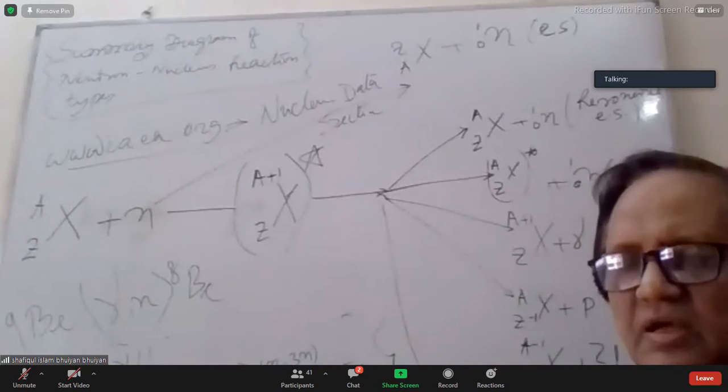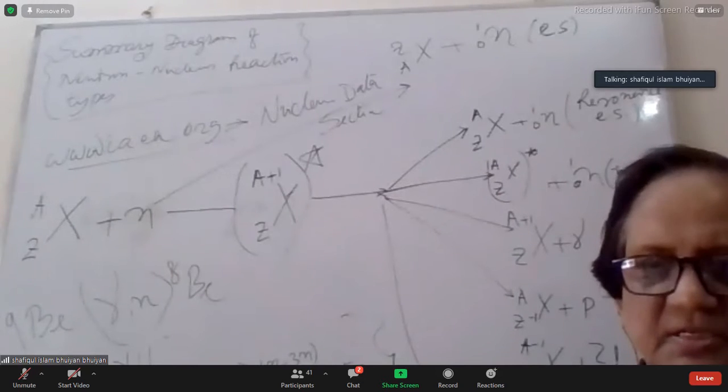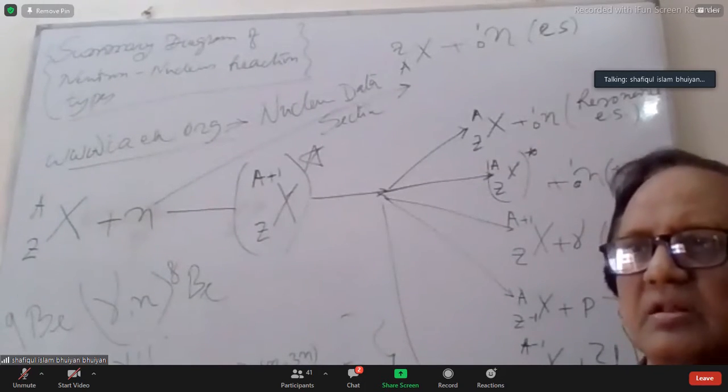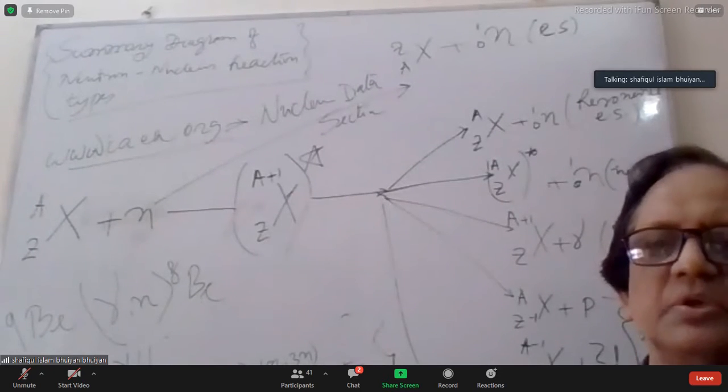If we know this neutron flux, we can derive all other parameters in the nuclear reactor.